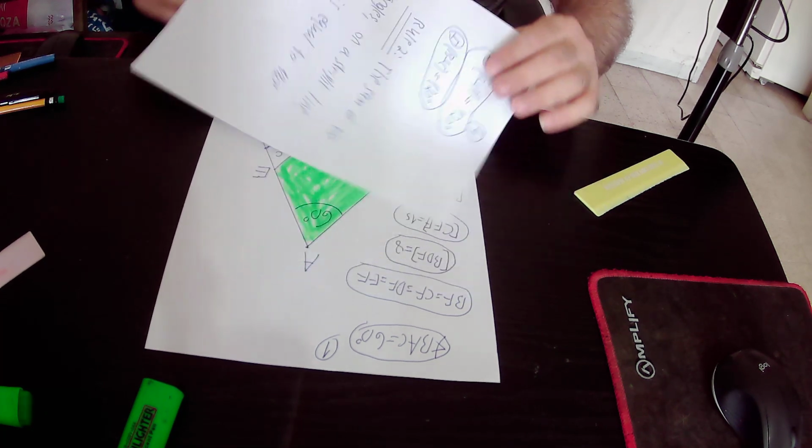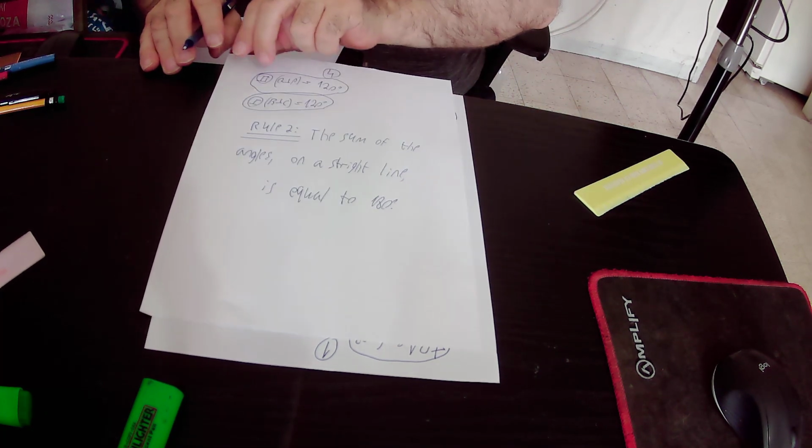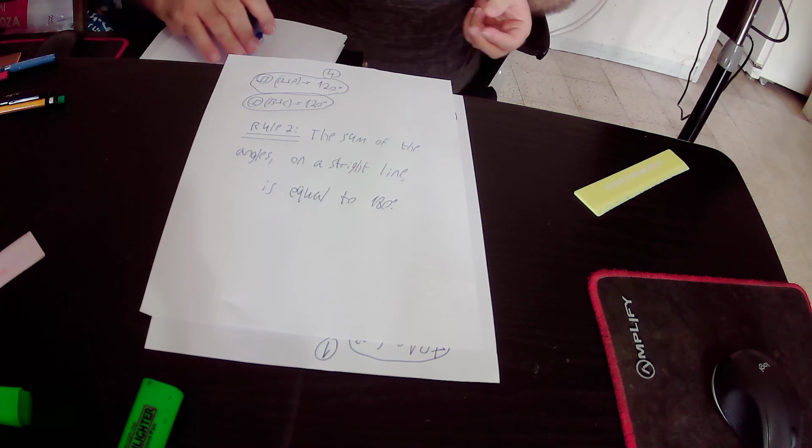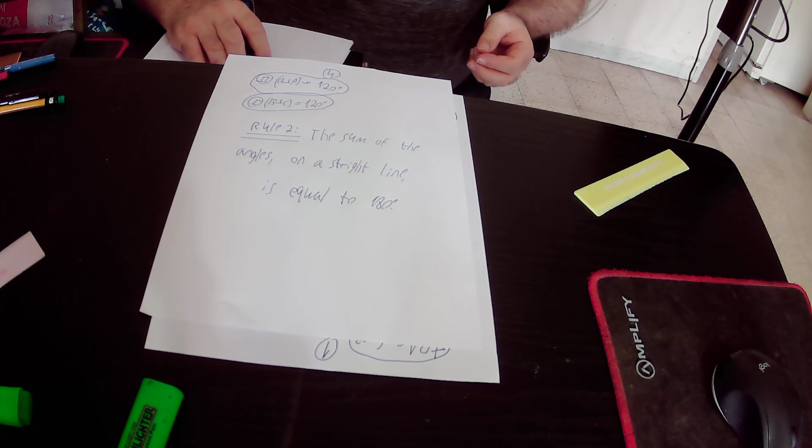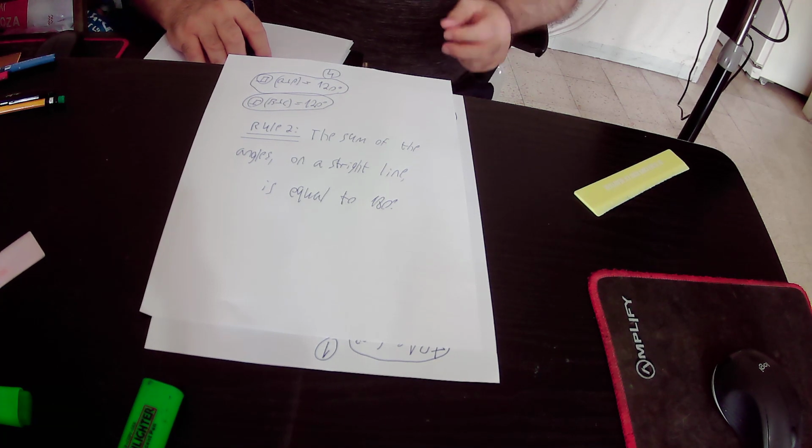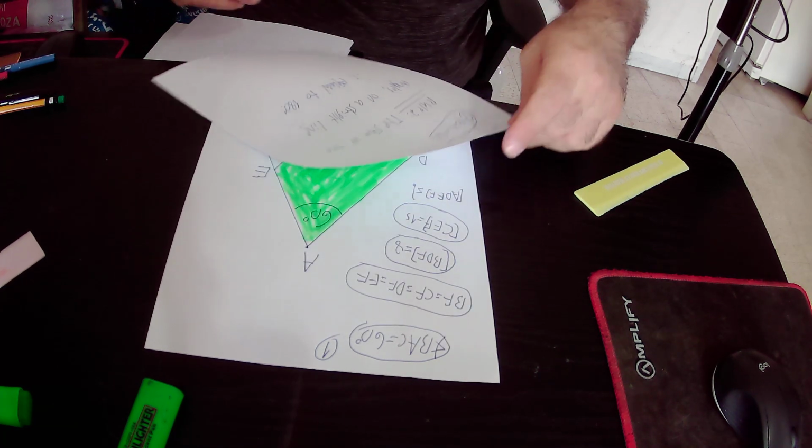I will read rule number 2 again. Rule number 2 states that the sum of the angles on a straight line is equal to 180 degrees.